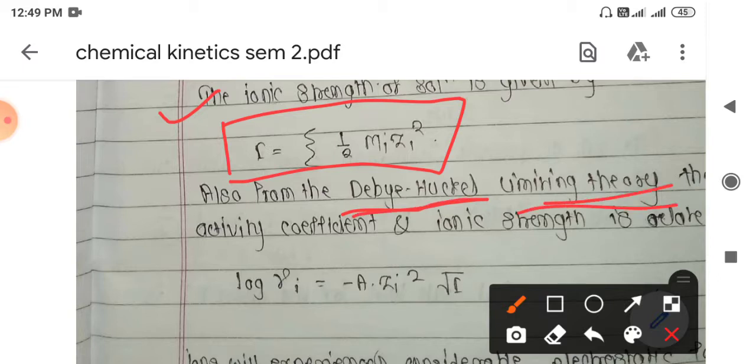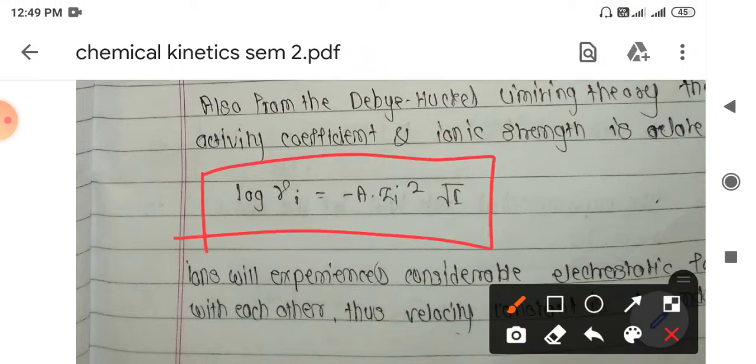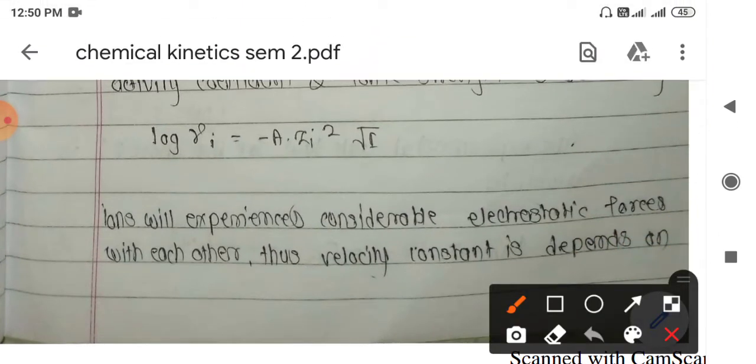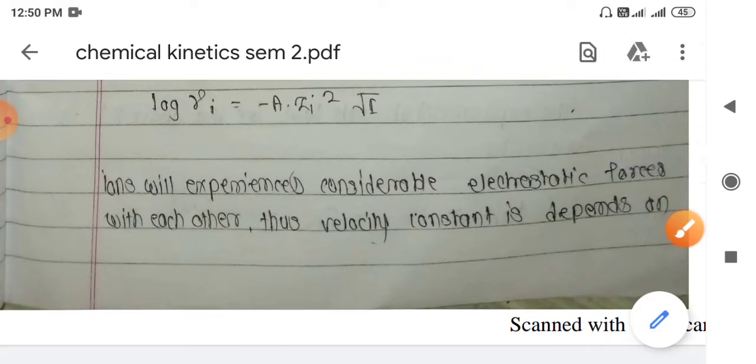Log of gamma I equals minus A into Z square into under root of capital I, where gamma is the mean ionic activity coefficient, A is the pre-exponential factor, Zi is the charge of the ions, and I is the ionic strength of a solution, obtained by the above equation: I equals 1 by 2 summation of Mi Zi square. So this is the formula for the ionic strength of a given solution.